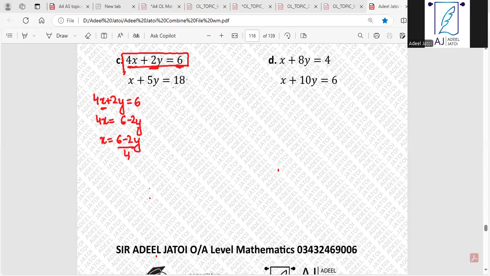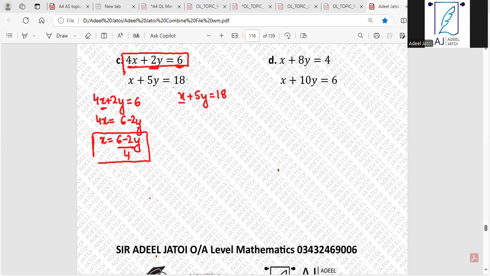Now, in this regard, you already know that your x has become the subject from the first equation. Remember this, every time from the first equation, your first variable will be the subject. Now, the other thing that you have is the second equation, that is x plus 5y equal to 18.